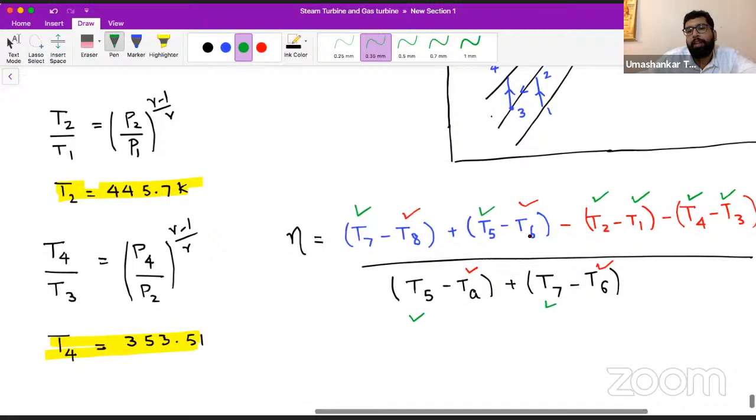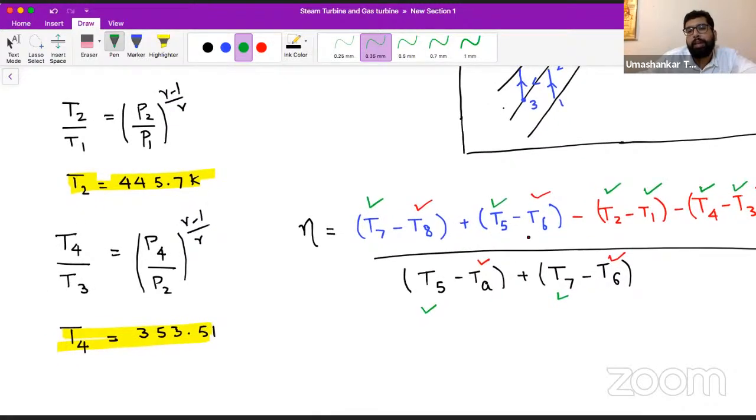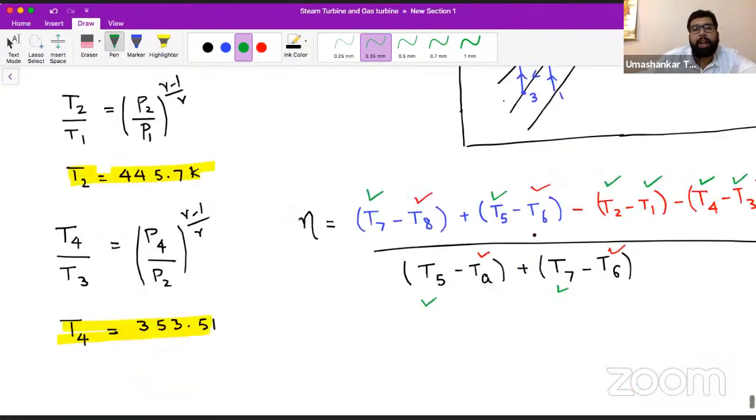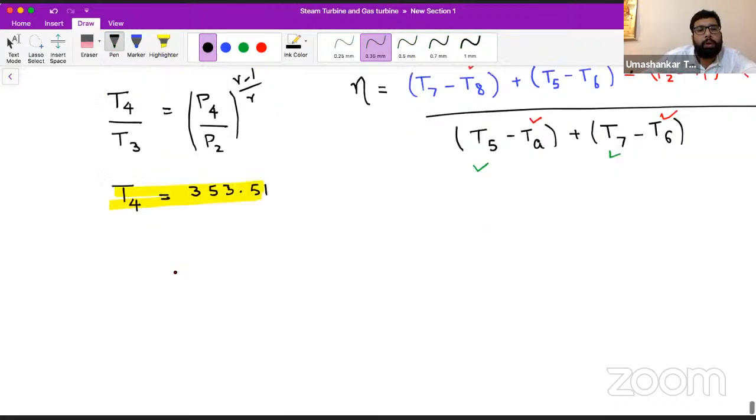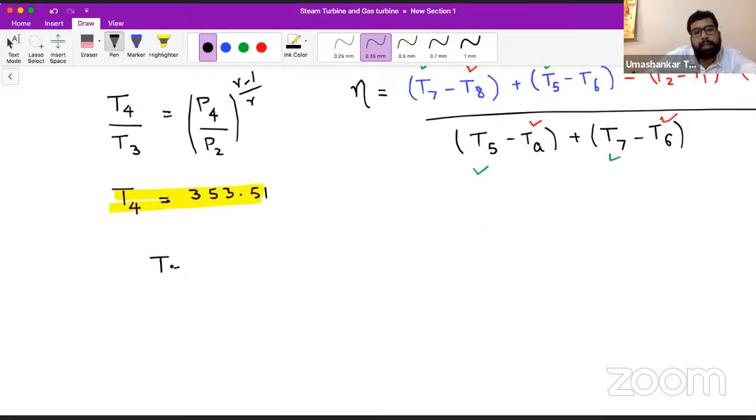Now what we require? We require T6. We require T8. So T5 by T6 we know, T5 by T6 is P5 by P6. So if you go step by step, I think you will be able to understand it and solve it easily.